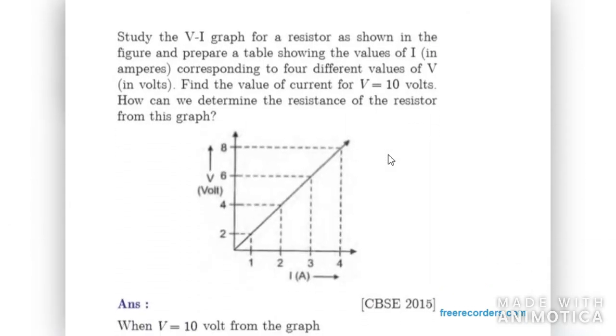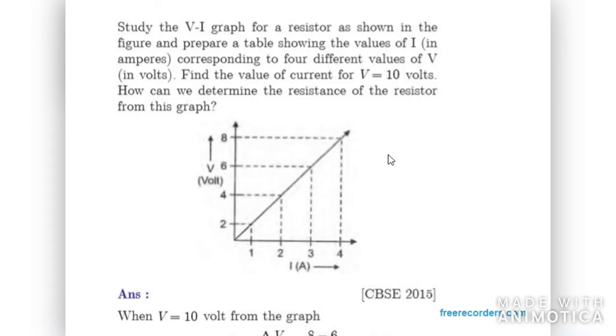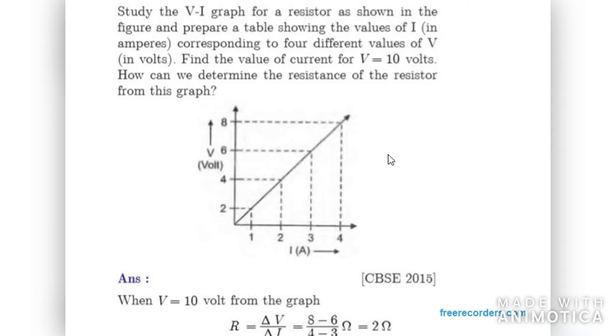It says study the VI graph for a resistor as shown in the figure. We have VI graph here. Find the value of current for V equals 10 volt. How can we determine the resistance of the resistor from this graph? So basically we can find the resistance by using slope. So how to find slope?